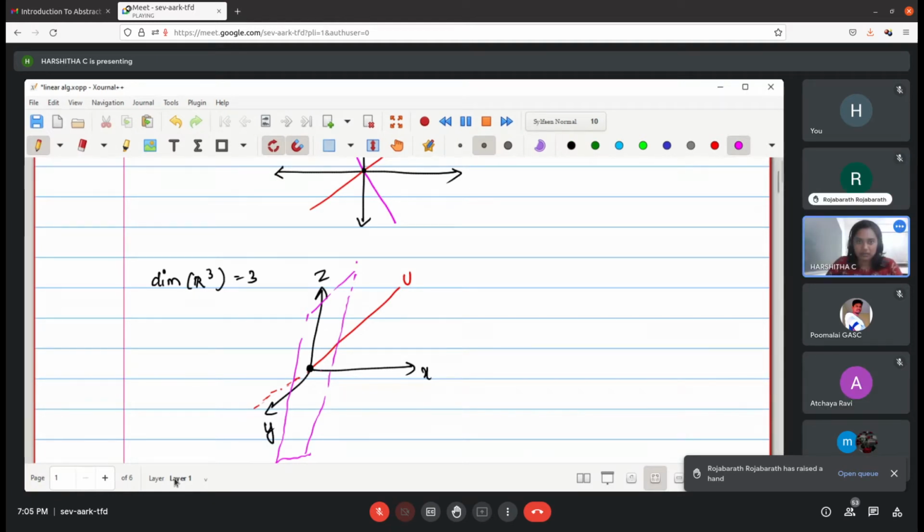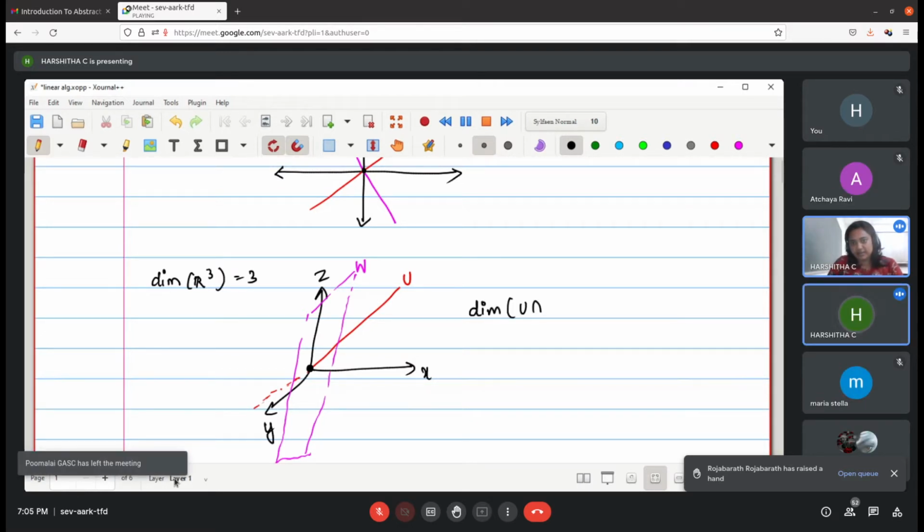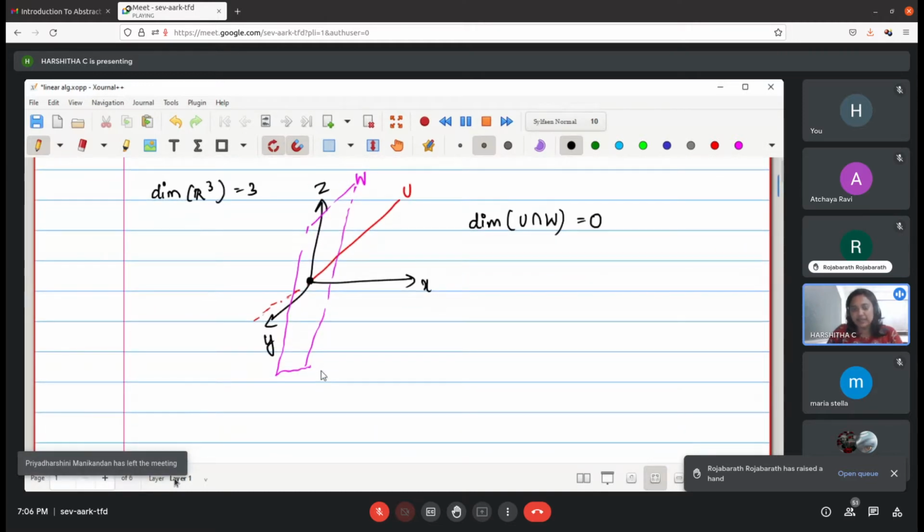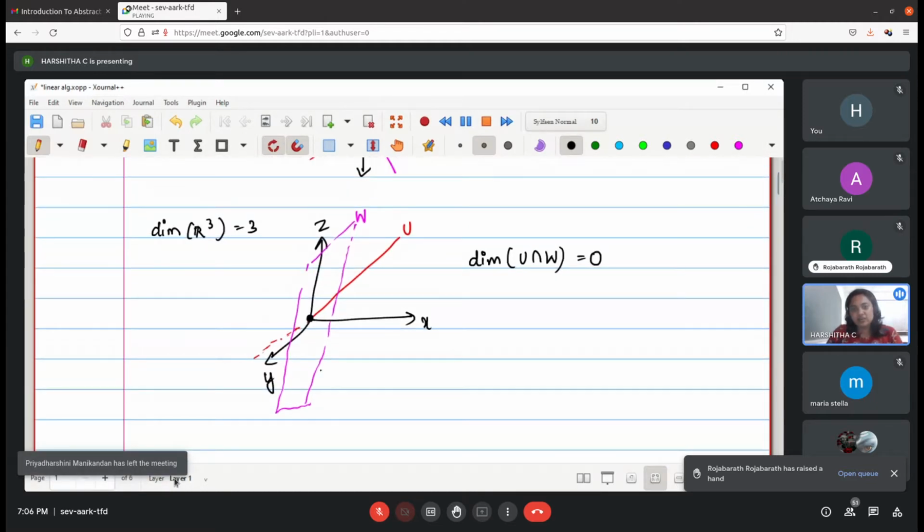So dimension of U intersection W is 0. But on the other hand, if the line is actually inside the plane itself, then the intersection would be the line itself and the dimension would be 1.